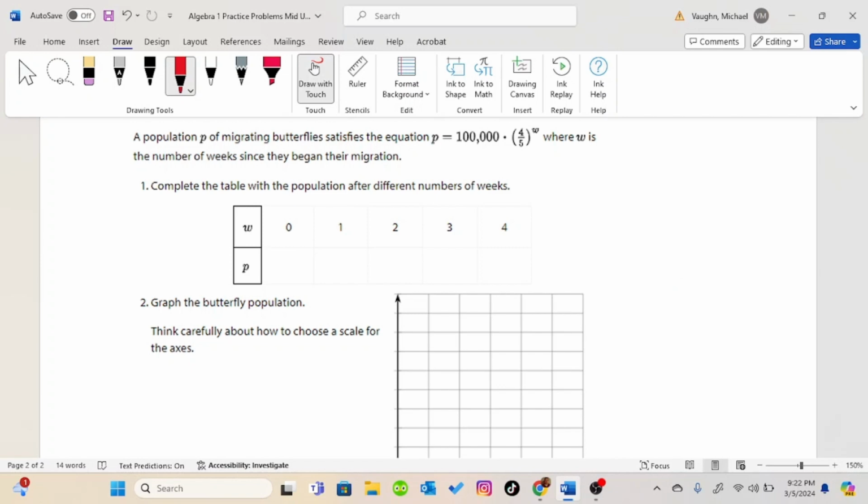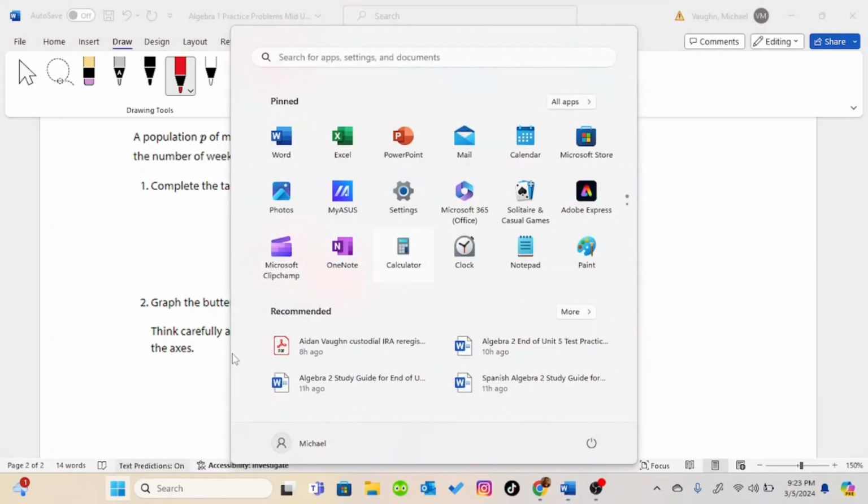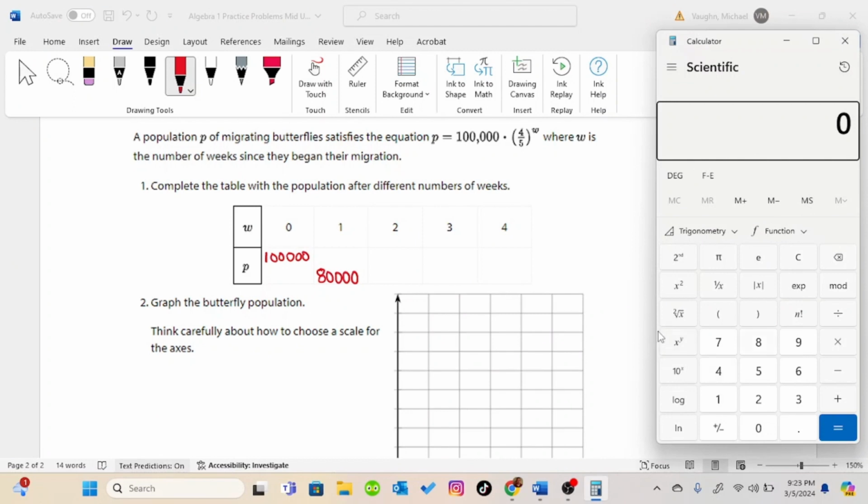So, in the beginning, we know that there is 100,000. After 1 week, we multiply 100,000 by 4/5, and that leaves 80,000. After the second week, we multiply by 4/5, and that's 80,000 times 0.8.